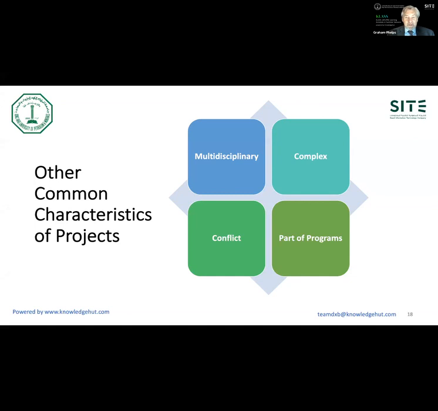The third box down on the bottom left is conflict. You cannot be on a project team without, let's say, discussing things in a lively way. So good conflict is important, but it needs to be positive. We had a rule in many of the teams I work with, which went like this.